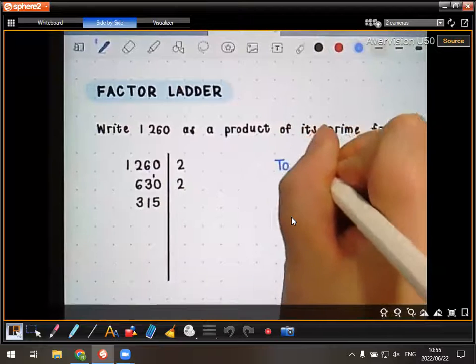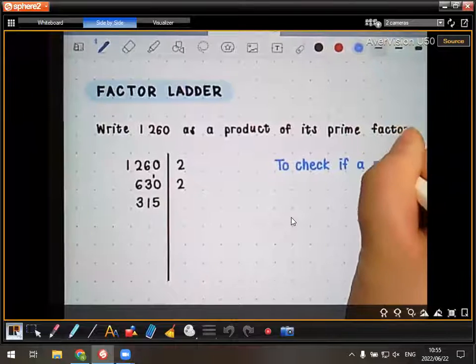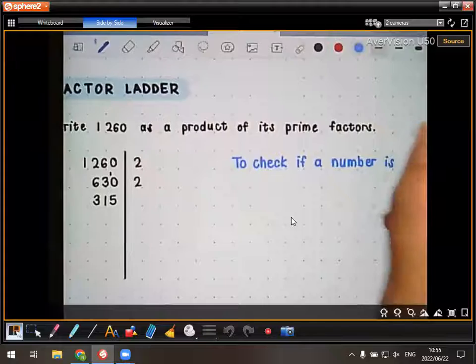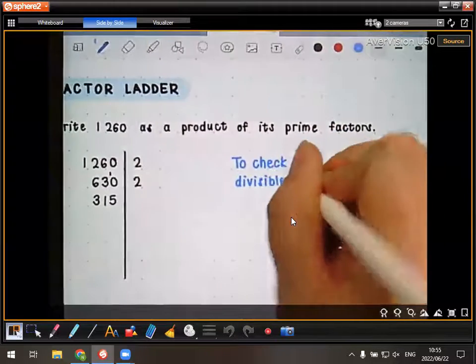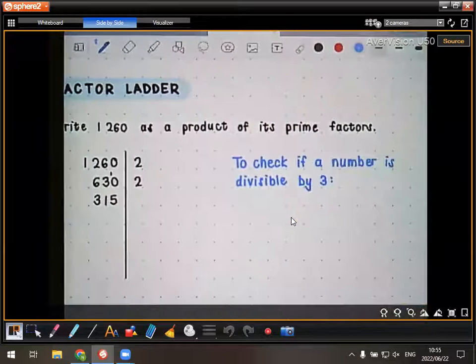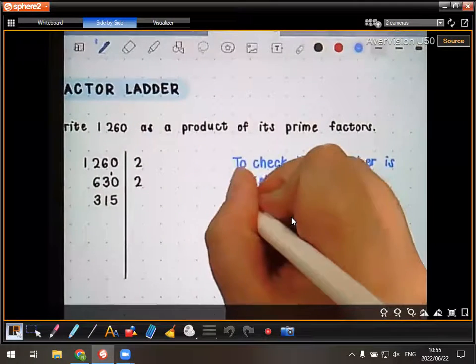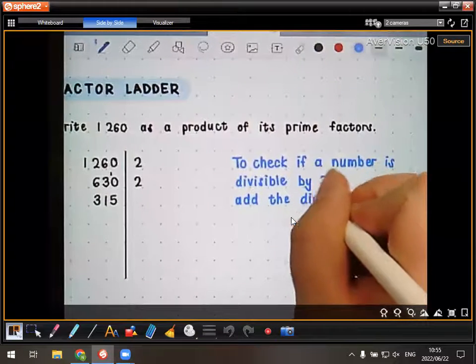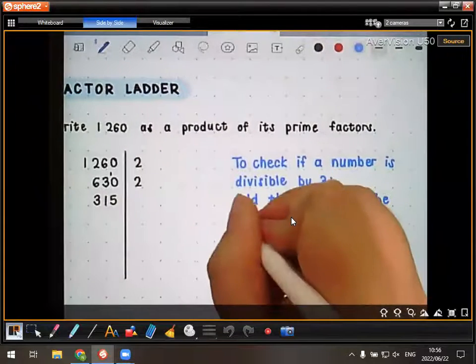To check if a number is divisible by 3, and this is very useful, guys. If you remember this, it's going to save you some time trying to first figure out if it's divisible. Add the digits of the number.